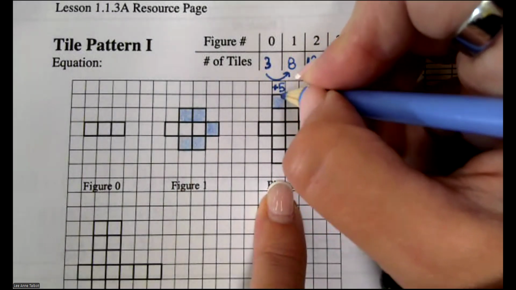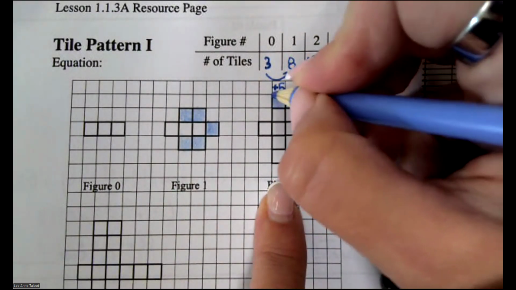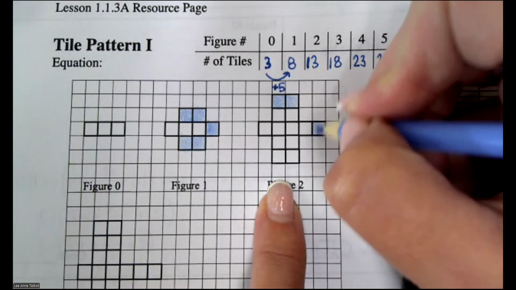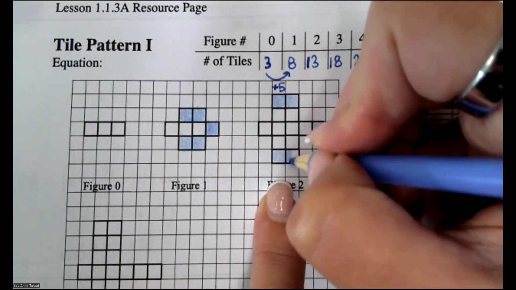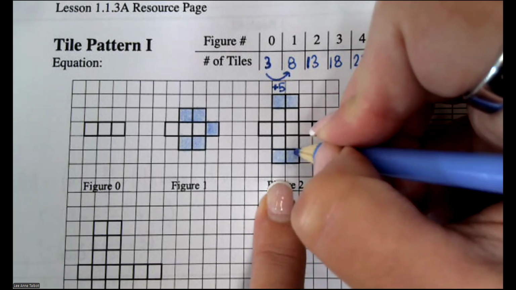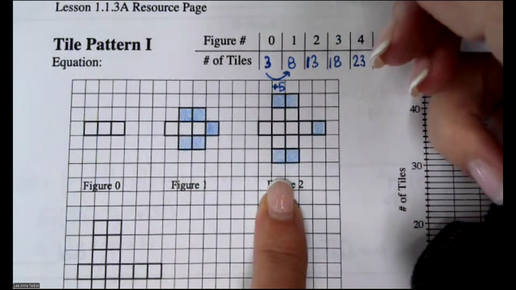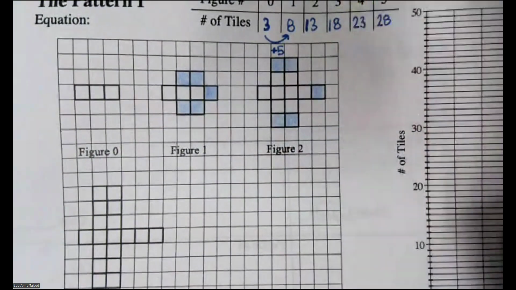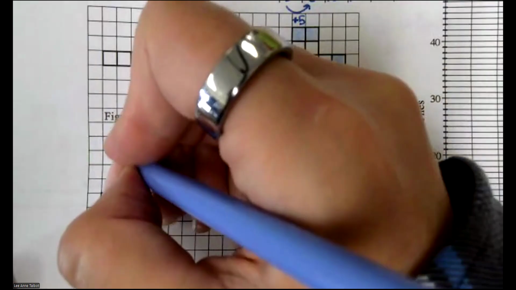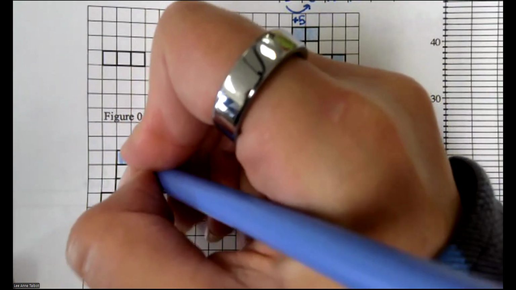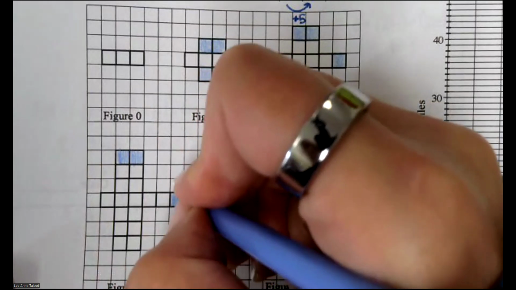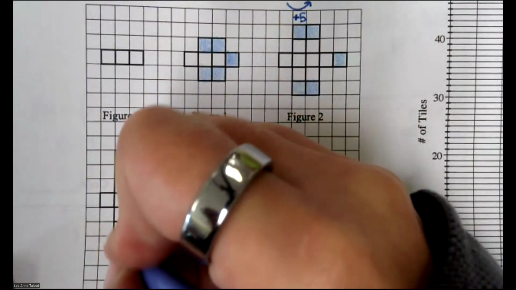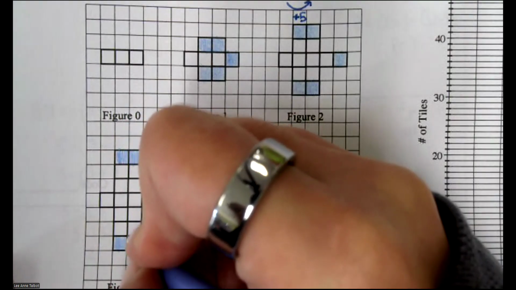Top 2, guy on the side, bottom 2. Top 2, side, bottom 2.